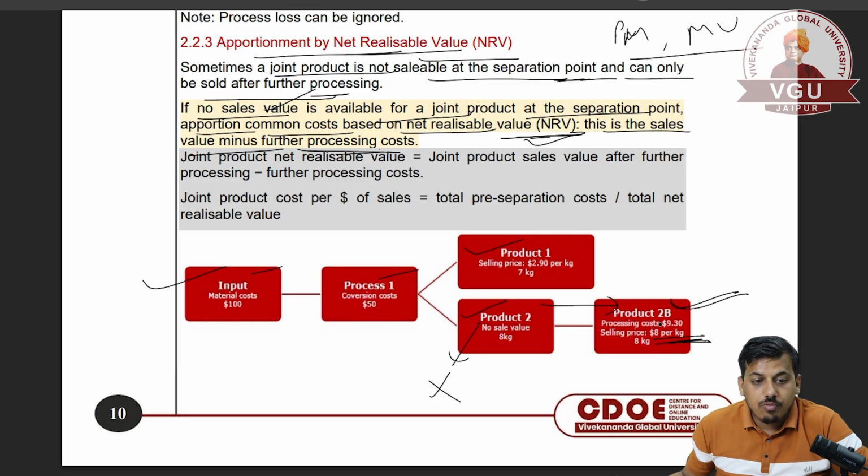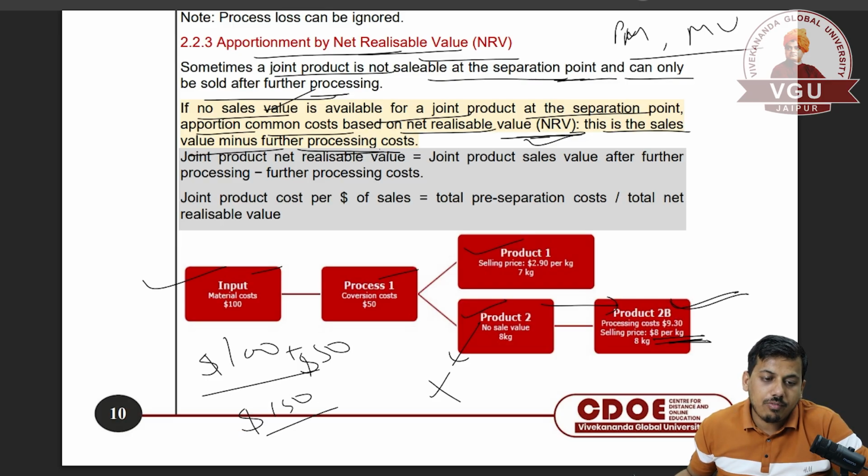Now we will have to divide our total cost, that is $100 plus $50, total $150, between product 1 and product 2 by the net realizable value.